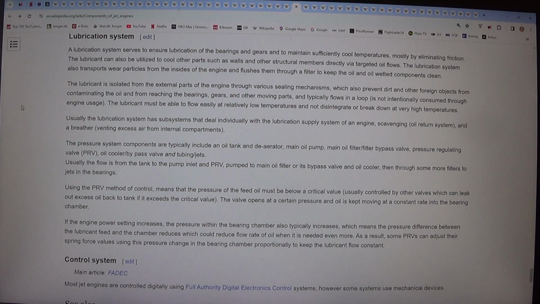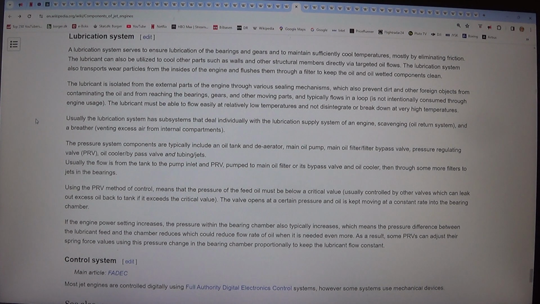The lubricant must be able to flow easily at relatively low temperatures and not disintegrate or break down at very high temperatures. Usually the lubrication system has subsystems that deal individually with the lubrication supply system of an engine, scavenging, oil return system, and a breather, venting excess air from internal compartments.